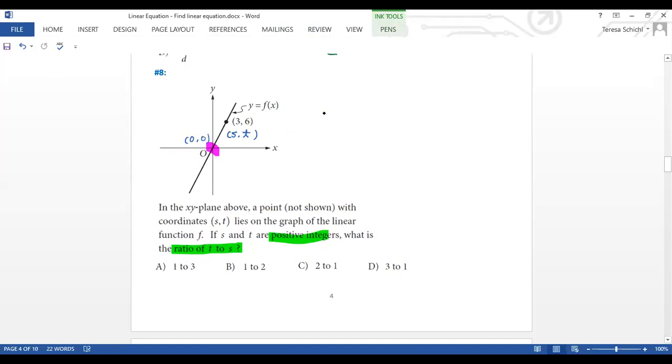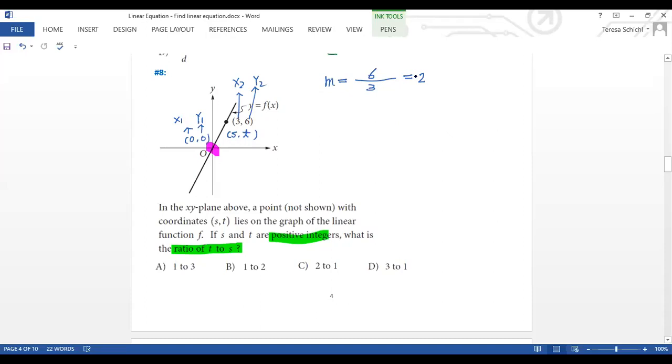So I know the slope of this line will be y2 minus y1 over x2 minus x1. This is x1, this is y1, and this is x2, this is y2. So it's 6 over 3, so the ratio is 2.